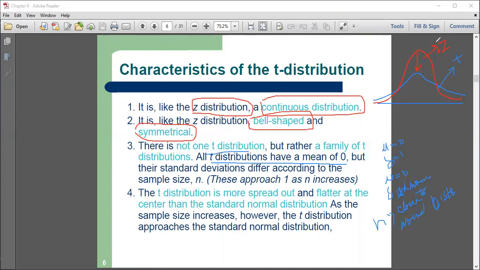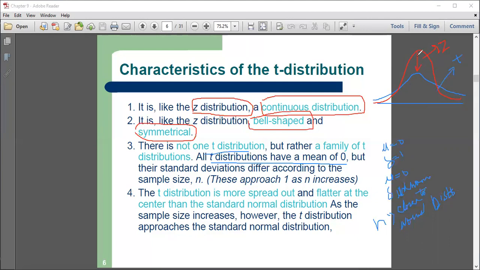As the sample size increases, this curve will move up and approach the standard normal distribution. So the T distribution approaches the normal distribution when n increases. This is the main difference between the Z distribution and the T distribution.